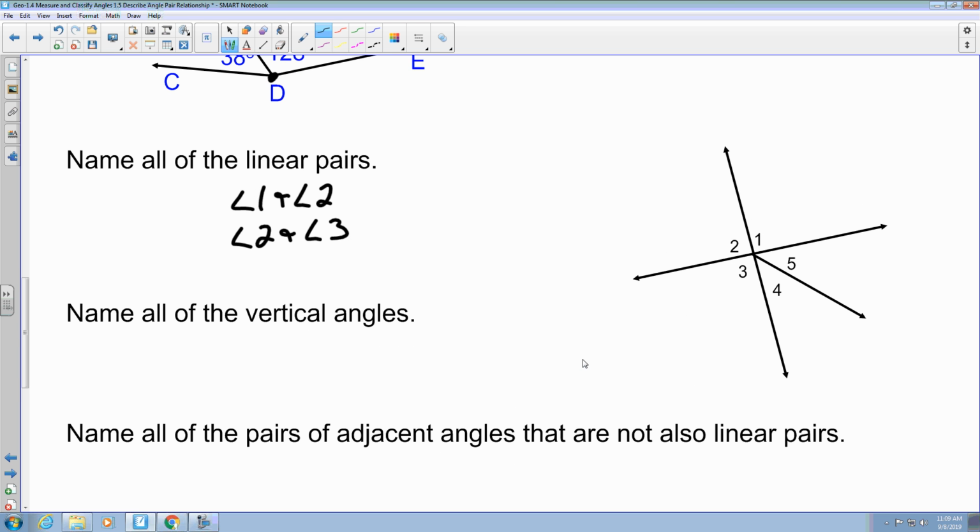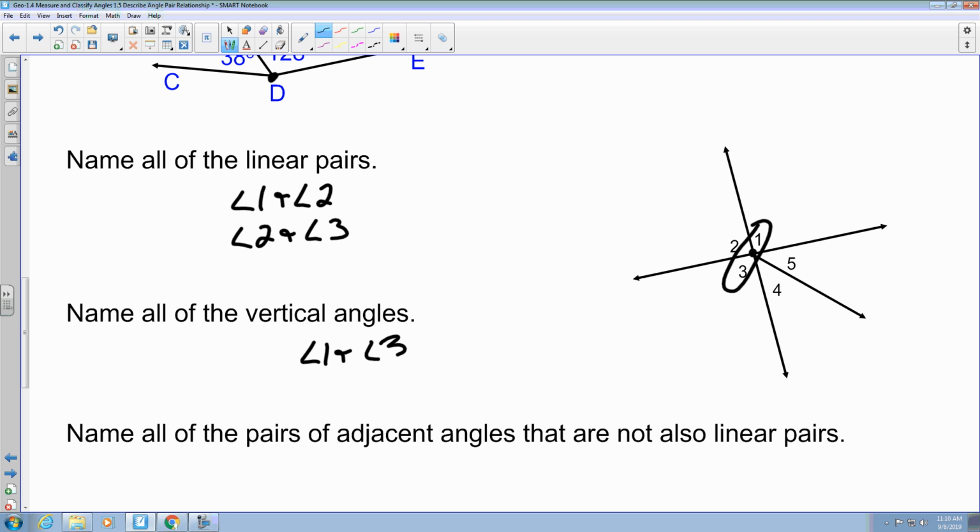Here they want you to name all the vertical angles. All right, so there's only one set of vertical angles, and that is angle 1 and angle 3. So right here are the vertical angles. Whatever those measurements would be, they'd be the same because the line is at the intersection of two rays, or whatever this point is.